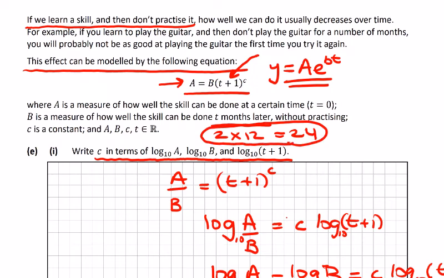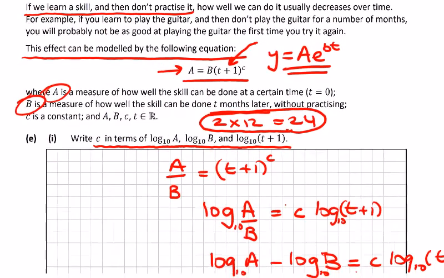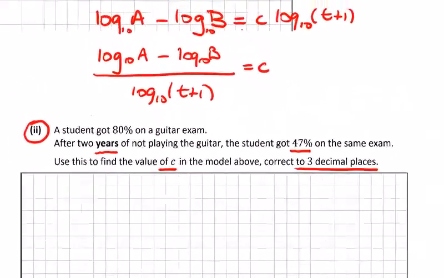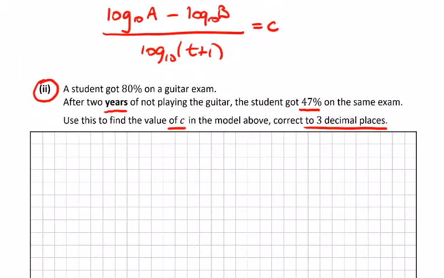So A is how well it can be done, so that's the 80%. B is the 47%. And we have t as 24. Well, we can just fill that into the formula that we've just used. So the log, we know they're all to the base 10, the log of 0.8 is the 80%, minus the log of, how good are you now? You're 47%.